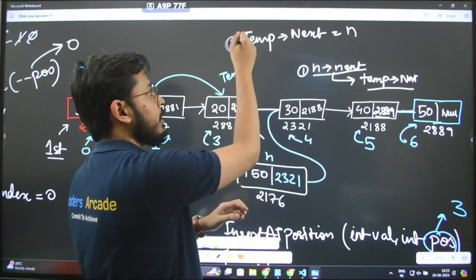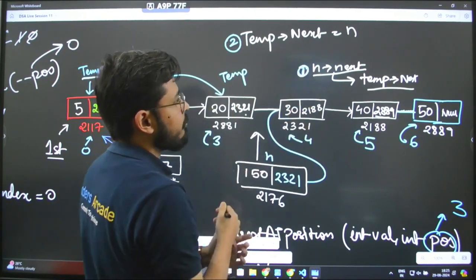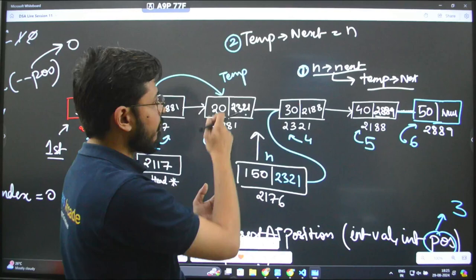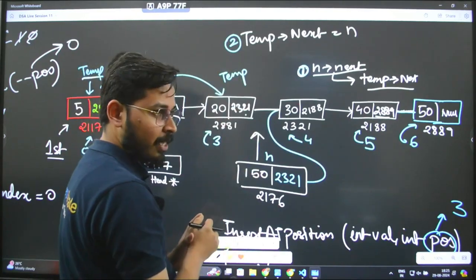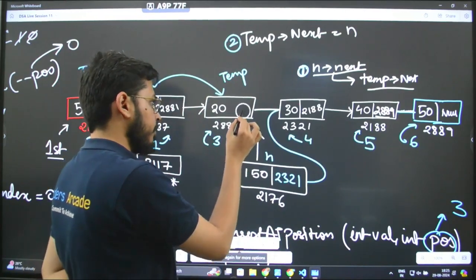After that, on the second point you will do this. This is your first point and that is your second point, where now temp can easily point towards n. That means temp of next can point towards n. Okay?